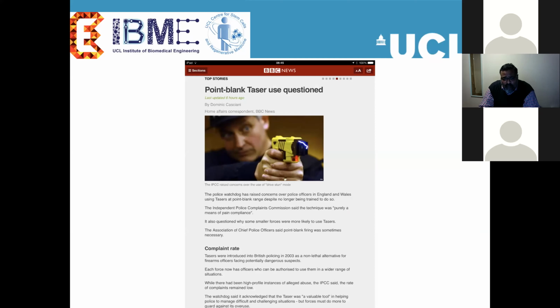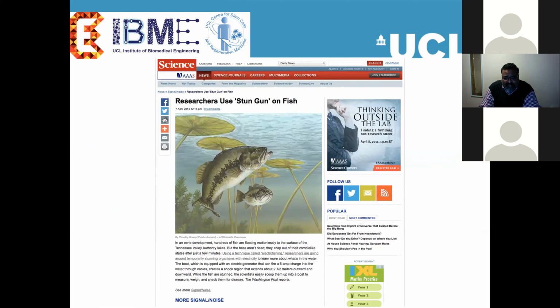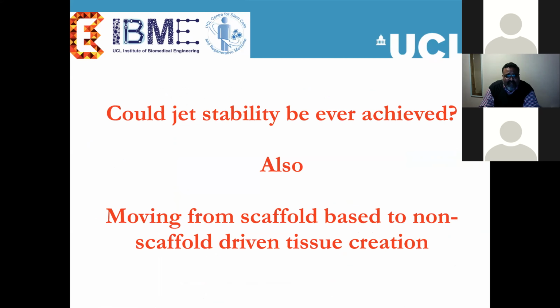The voltage is high, but the current is low. Obviously, unfortunately, some people who have cardiac problems have died. Nonetheless, it's the current that kills and not the voltage. You can see here people have been using electric fields to kill cancerous cells. They've been used to stun fish for vaccinating and all of this sort of thing.